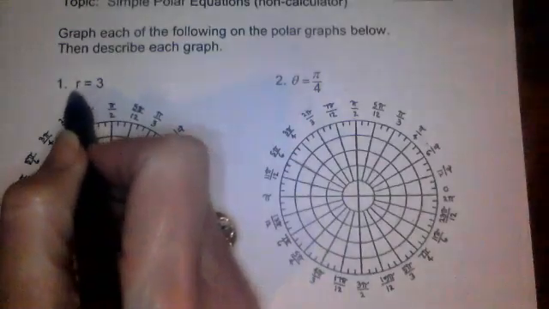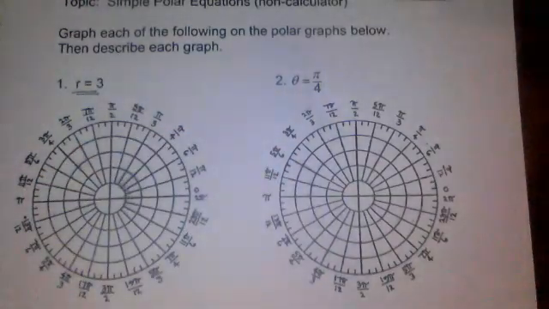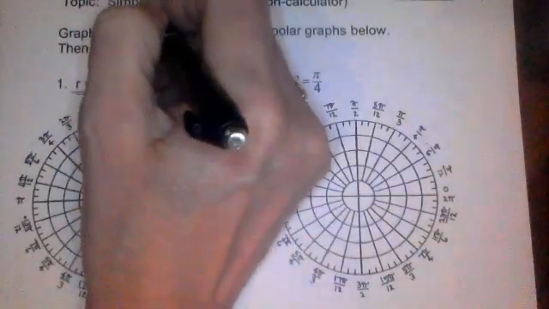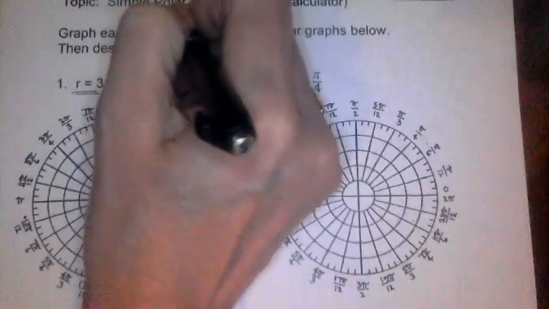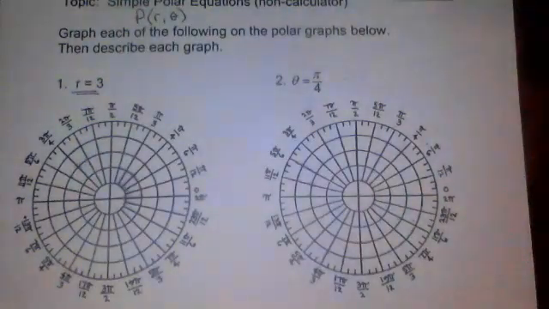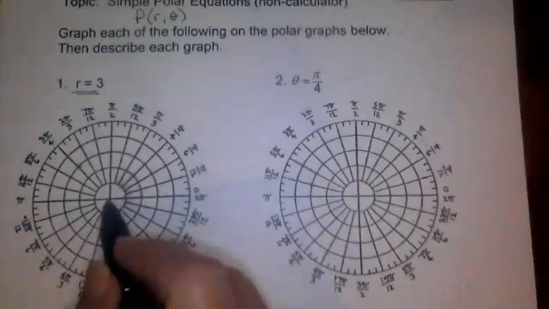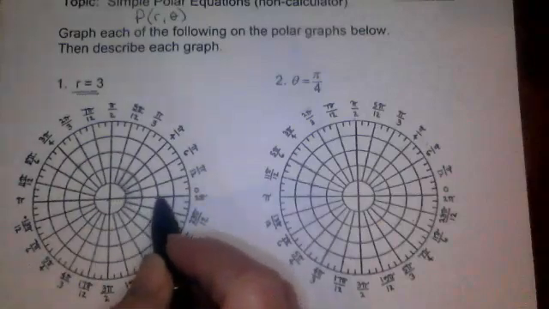The first one tells us that r is 3. Remember, a polar coordinate is r and theta, so a point would have an r value and a theta. But this one just has an r value. Well, r is the radius, and if the radius is 3, then we just go out 1, 2, 3.